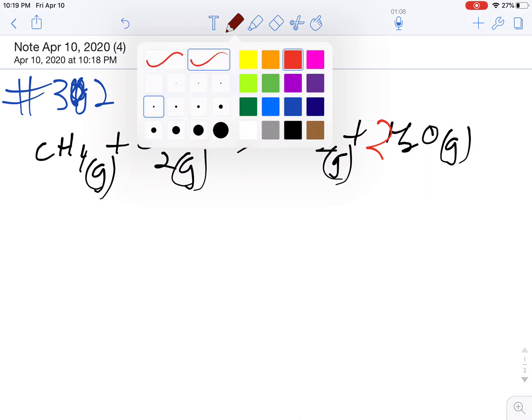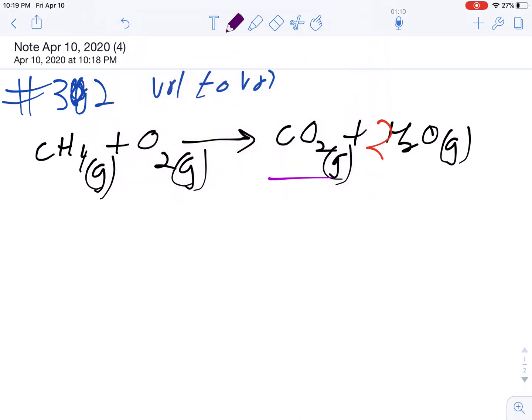Now I've got 2 oxygens here and 2 oxygens there, because the red 2 multiplies my oxygen, so now I've got 4 oxygens. So I'm going to have to put a 2 there, and now everything is balanced.